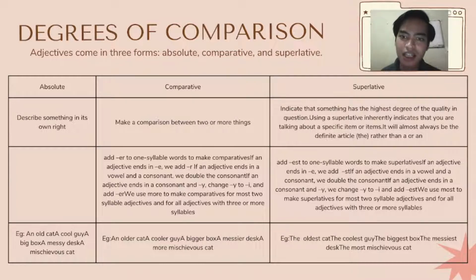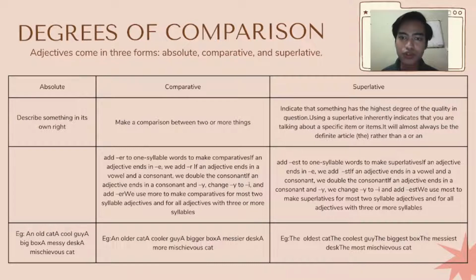If an adjective ends with the letter e, we add st, and if an adjective ends in a vowel and a consonant, we double the consonant, and if an adjective ends in a consonant and the letter y, we change the letter y to the letter i and add est.